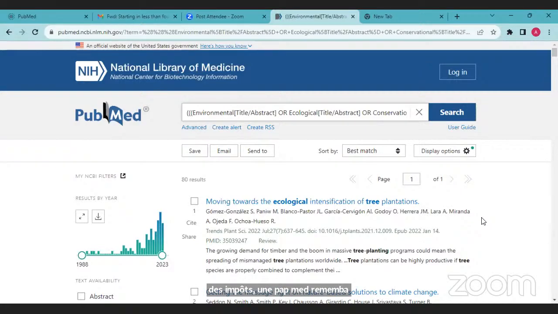So you may get 50 in PubMed, you get 100 in EBSCOhost, you get 150 in Web of Science, you get 50 in EBSCOhost, and you combine all. Of course, some are going to be duplicates. So for those of you who have gone through the system, you have to deduplicate before you start screening. Okay. Yeah. So let's proceed.